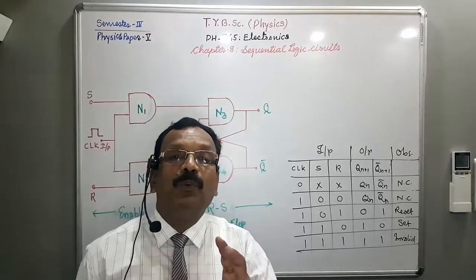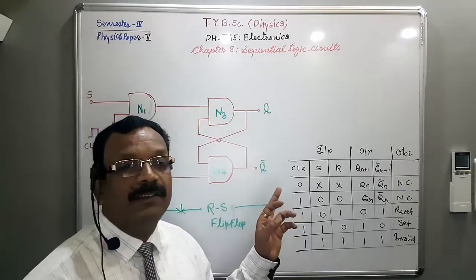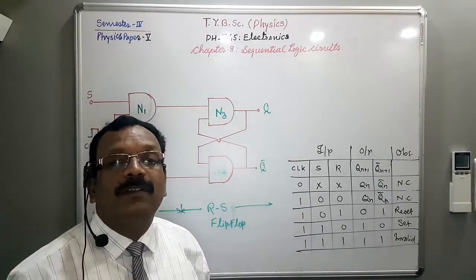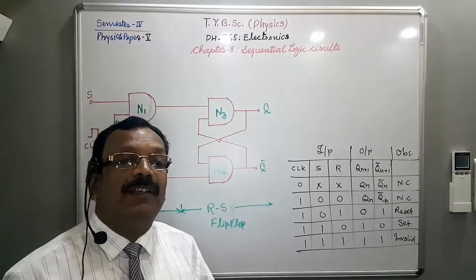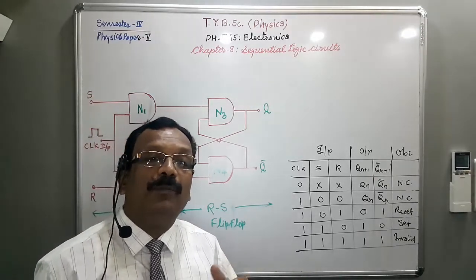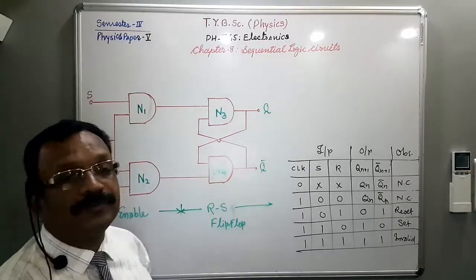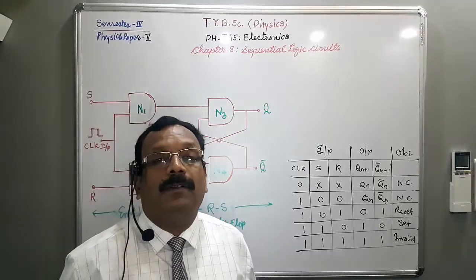At one input of both the NAND gates, suppose N1 and N2, the clock input is given, and the other inputs of the gates are used as the S and R inputs.